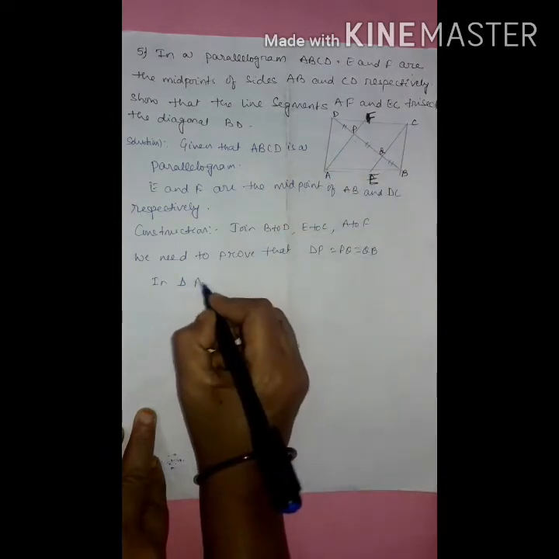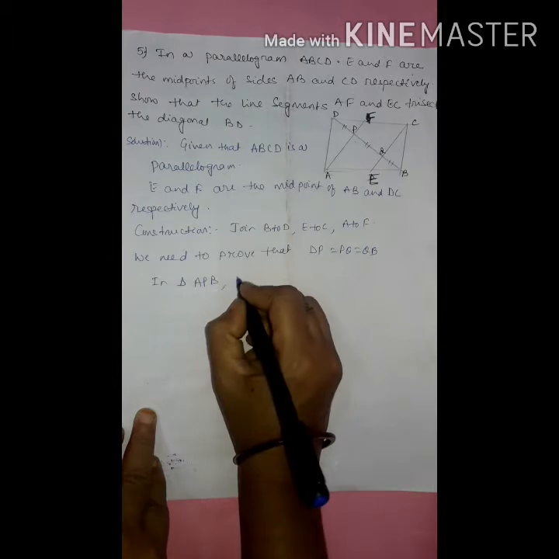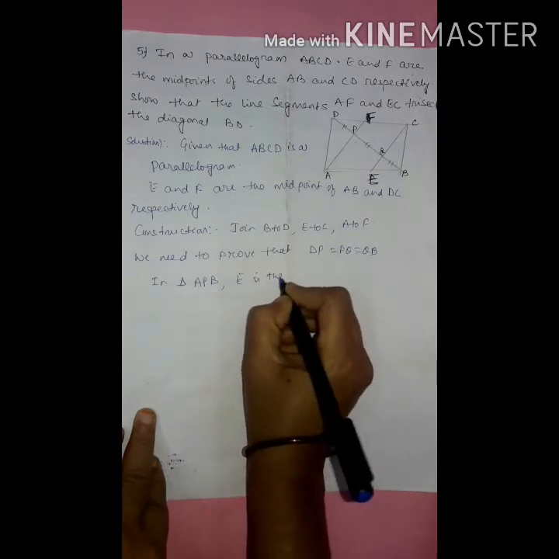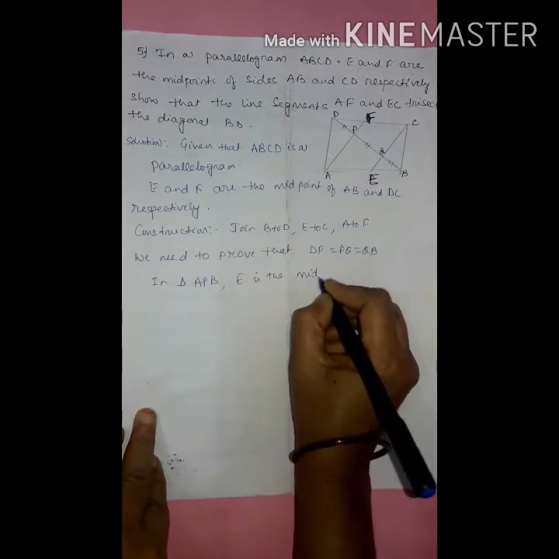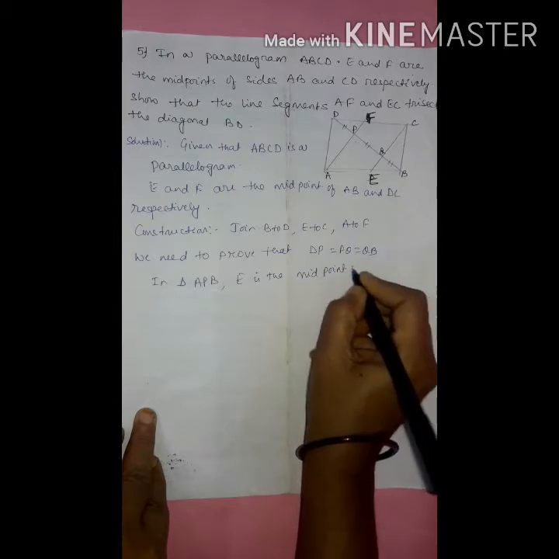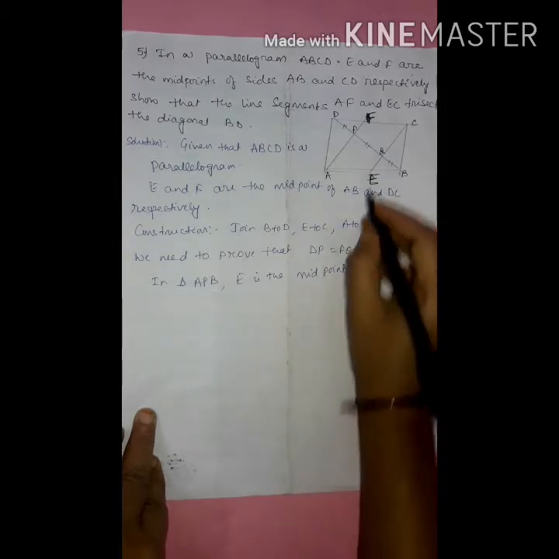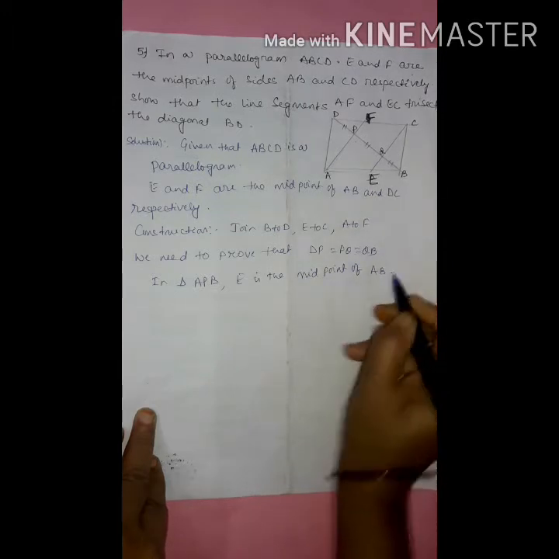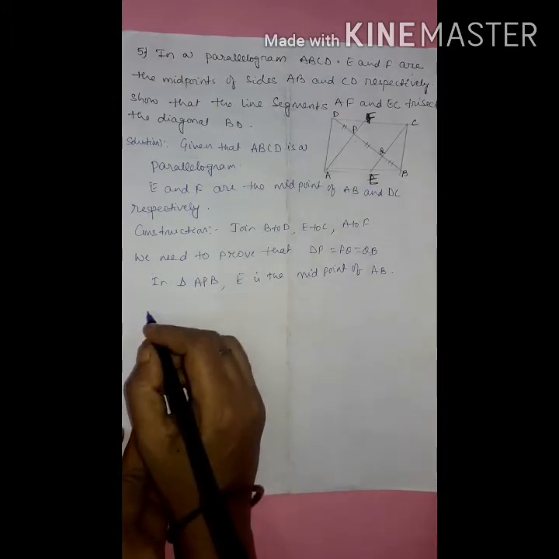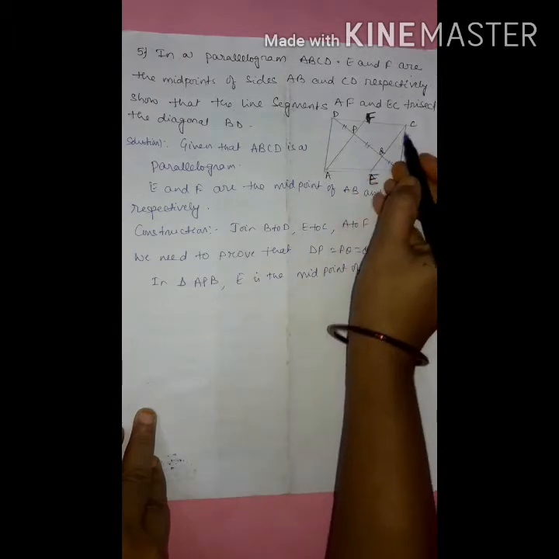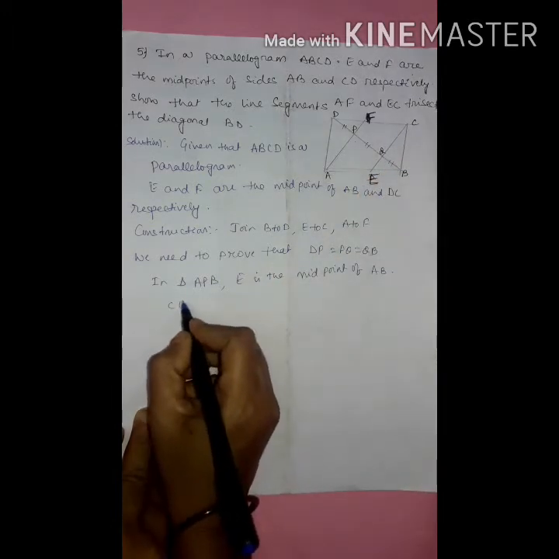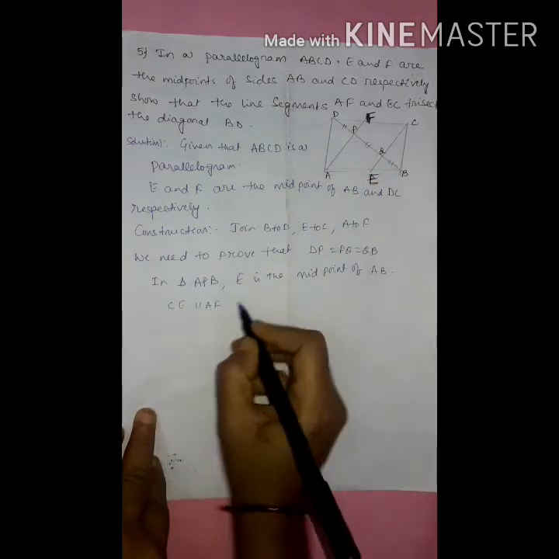In triangle APB, E is the midpoint of AB, and it is already given that CE is parallel to AF by construction.